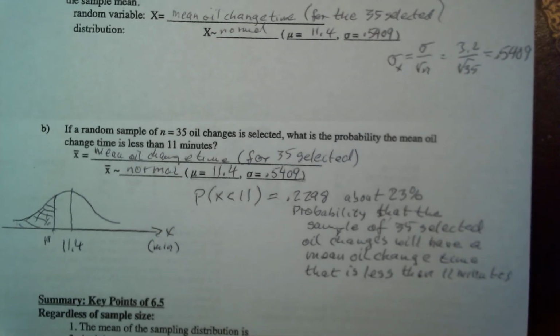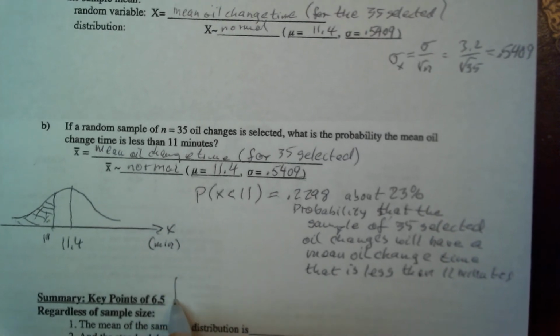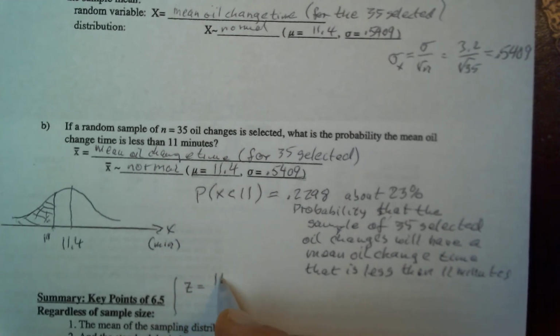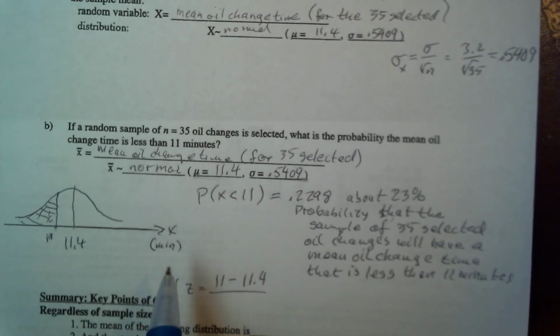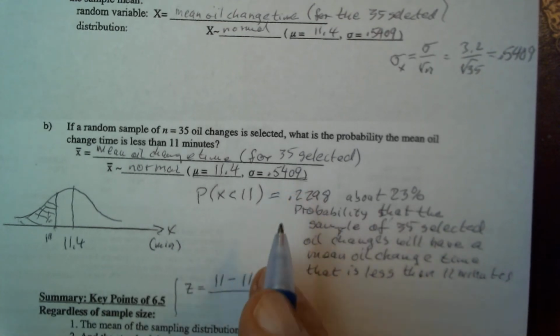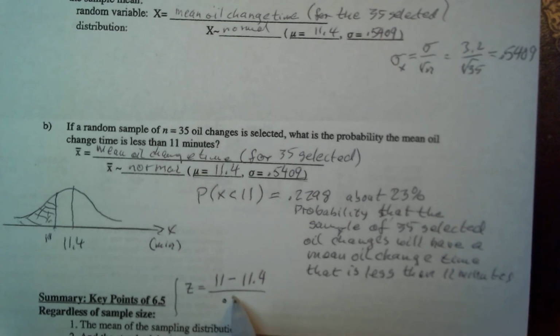And here's what you can do when you don't have technology. You can compute the corresponding z-score. So z would be 11, our data value, minus the population mean of 11.4, again, this is our sample mean for all the samples, divided by 0.5409, and that is equal to minus 0.7395.